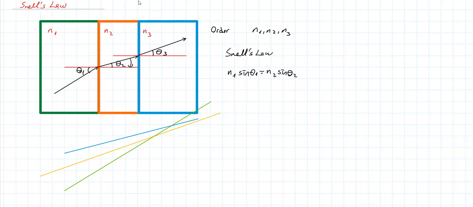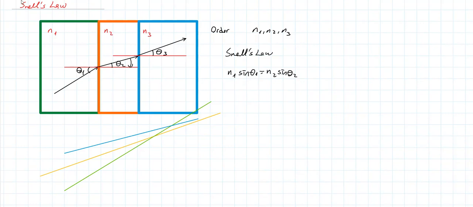So now, by only looking at the angles, the refraction angles, as you can see here, with respect to the surface normal, I will compare the indices. The first thing I will look at is the interface of medium 1 and medium 2.